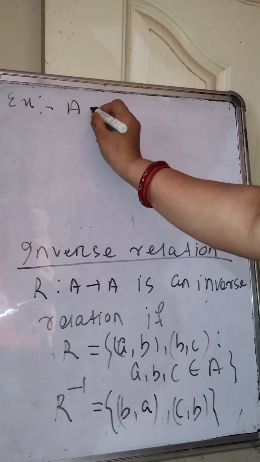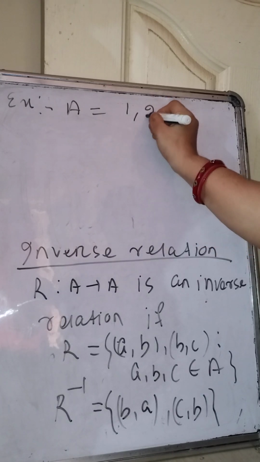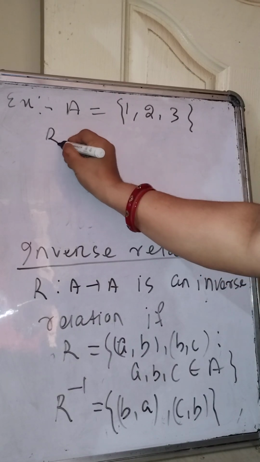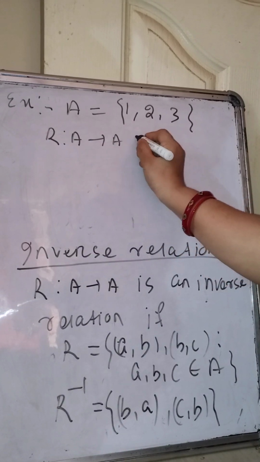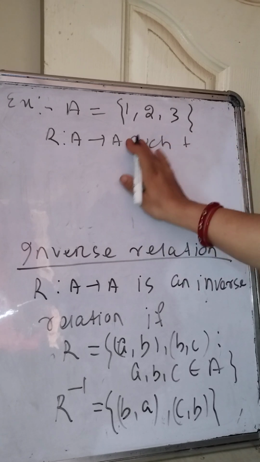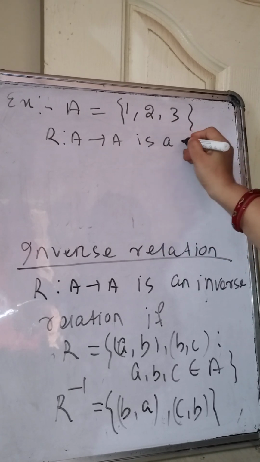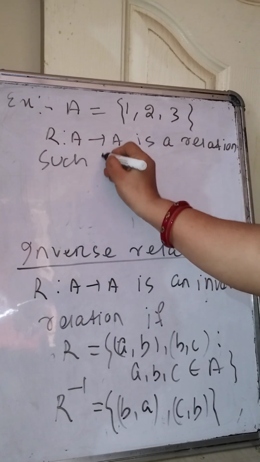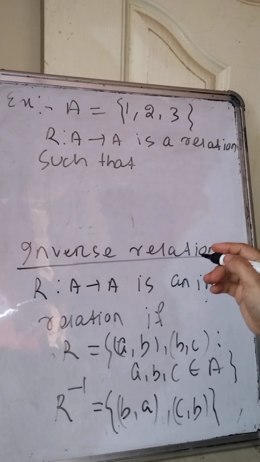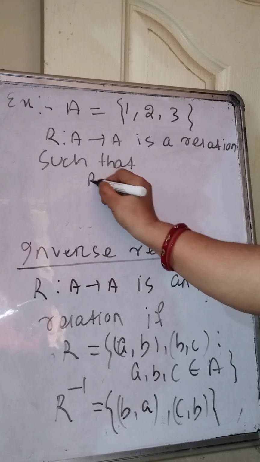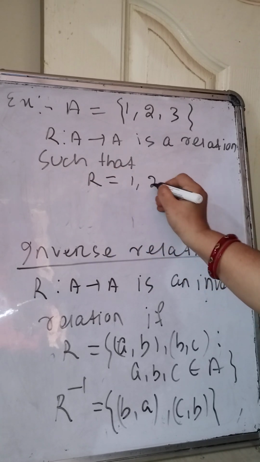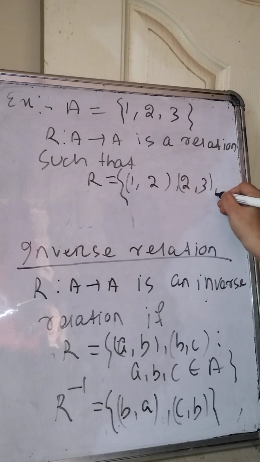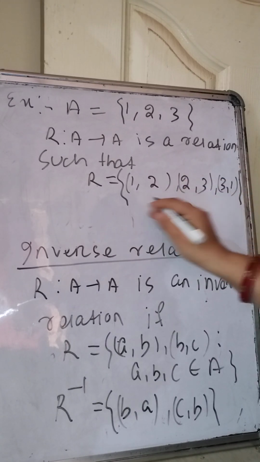Let us consider the same set A. Suppose set A contains the elements 1, 2, 3, and R is a relation on A such that R considers the ordered pairs (1, 2), (2, 3), (3, 1). This is your relation R, it is given.